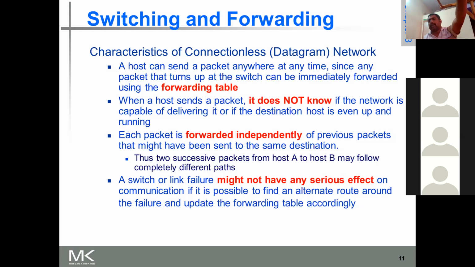If one link or switch has failed, I can still do the communication another way, so this will not have much effect. And the updating of the forwarding table will be done accordingly every quantum of time, as I told you.